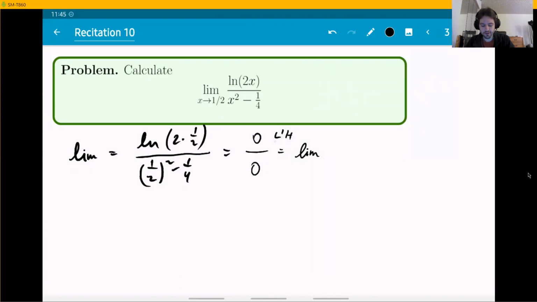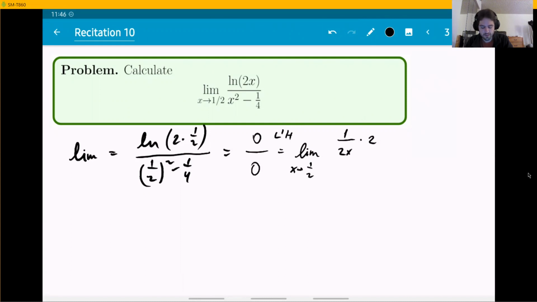So I'm going to write a little LH here to indicate that we are now using L'Hopital. So we need to find the derivatives of both the numerator and denominator. The derivative of ln of 2x, it's not just 1 over 2x, you have to multiply that by 2. This is the chain rule, right?